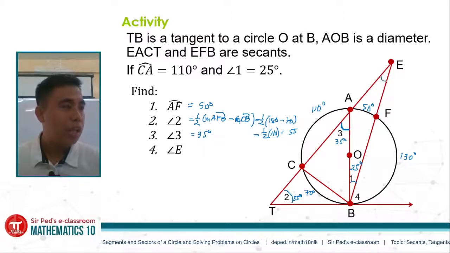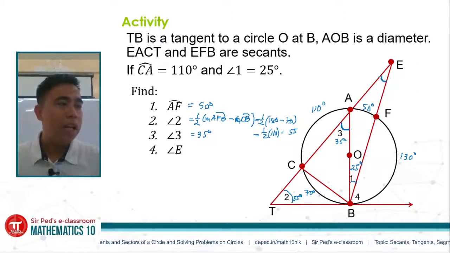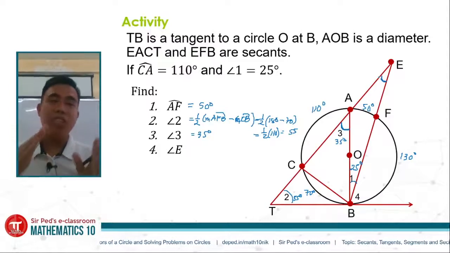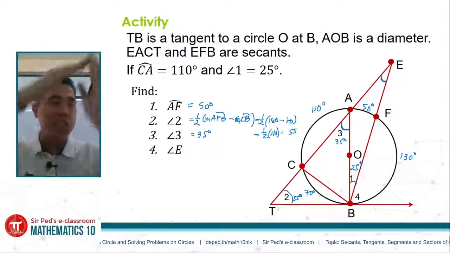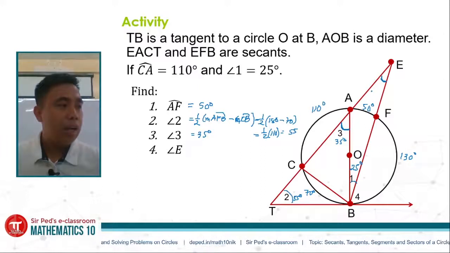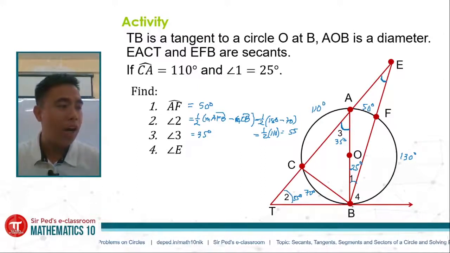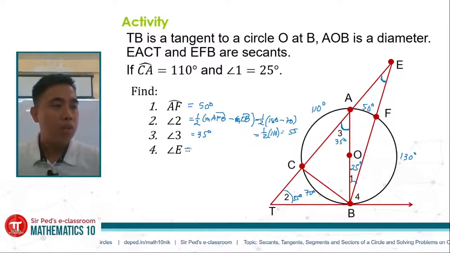Next, angle E. This is angle E. Our angle E is formed by 2 secants intersecting outside the circle. So, the intercepted arcs we will take are arc CB and arc AF. So, that is 1/2 of the measure of arc CB minus arc AF.